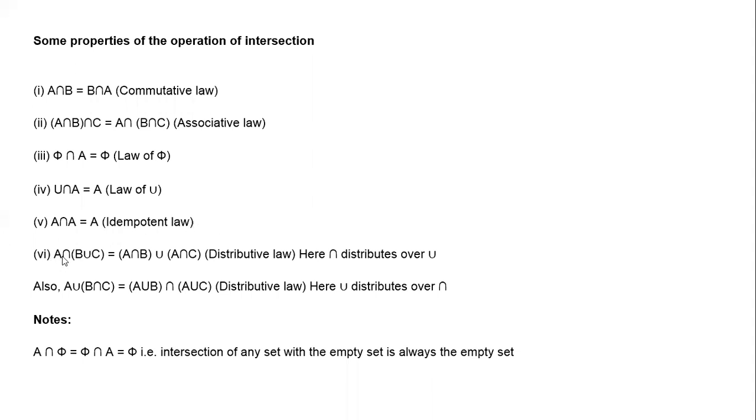Then you see here A intersection B union C. A intersection B union C will be equal to A intersection B union A intersection C. This is nothing but distributive law. Then A union B intersection C is equal to A union B intersection A union C. So these are the distributive laws.